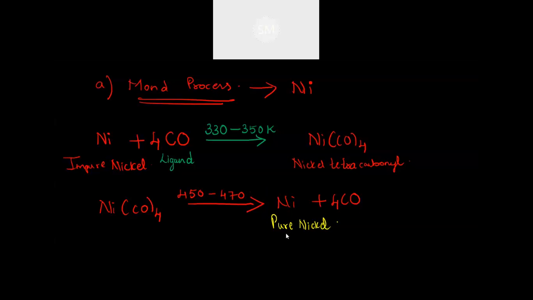Second method, again for vapor phase refining itself. The second one is the Van Arkel method. This is for purification of zirconium. Which metal is purified? Zirconium here.